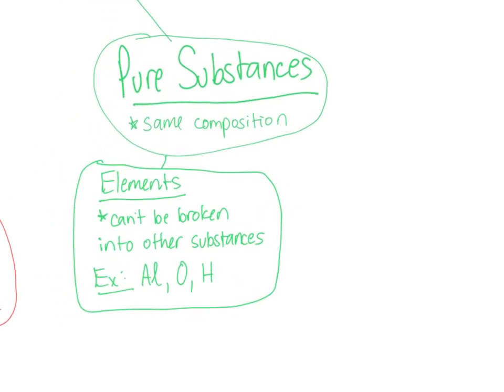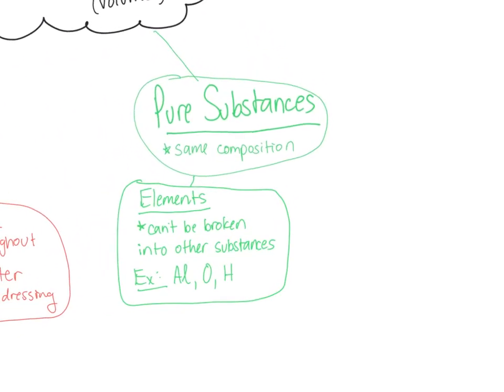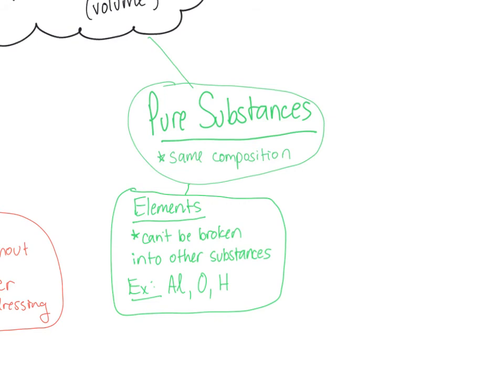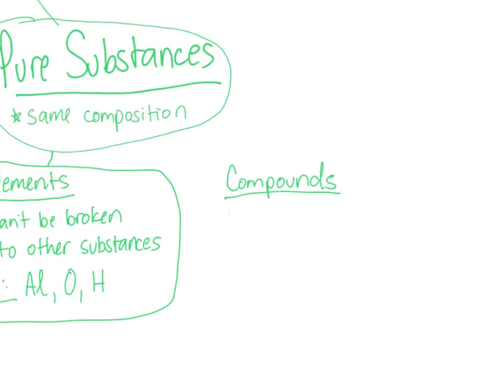But there's a way to have a pure substance that is not necessarily an element, but it's made up of multiple elements put together, and that's called a compound. Okay, now compounds are made up of a set combination of elements.